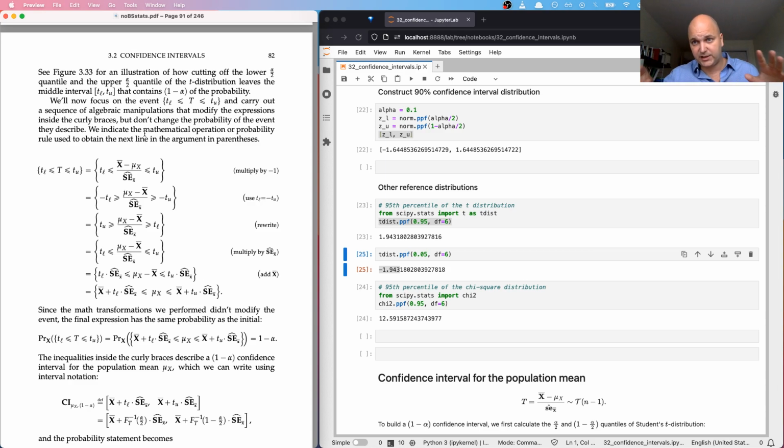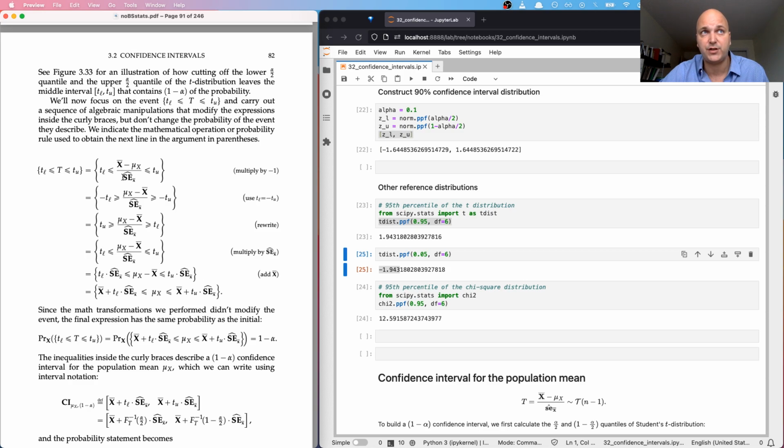We know the variability of the sample means with respect to the population mean. Now we're just thinking of it backwards. We're given a sample mean, where is the population mean? Give me an interval where the population mean could be.